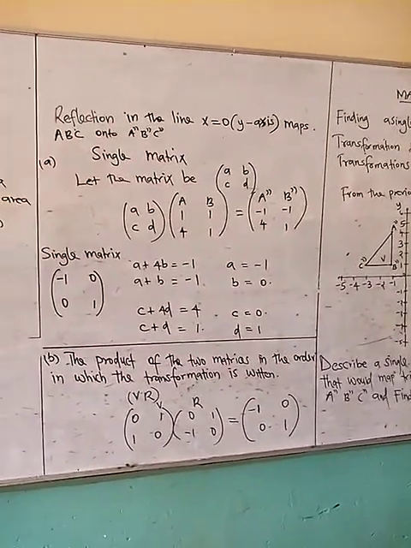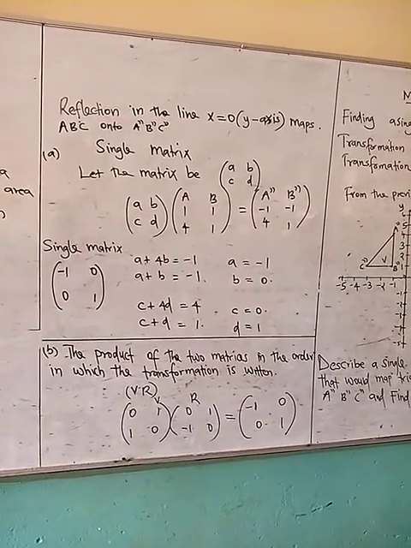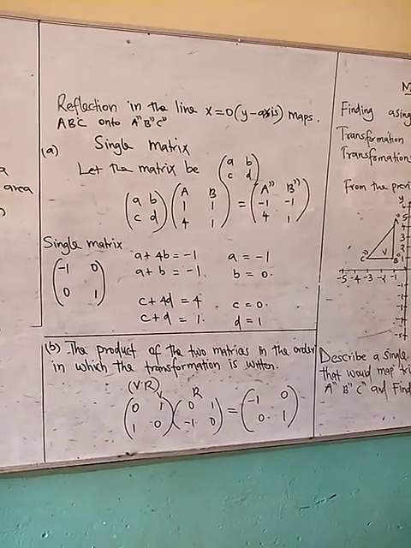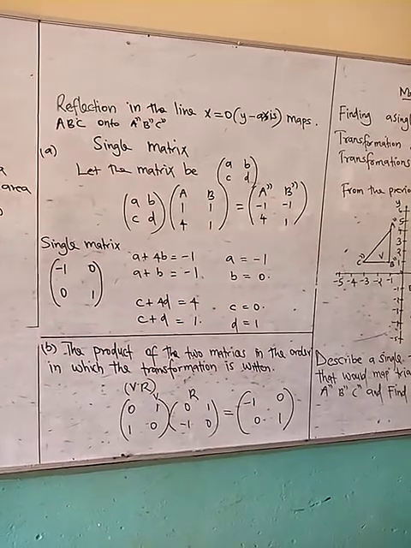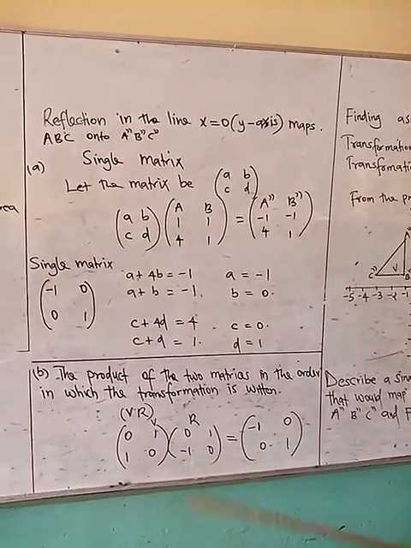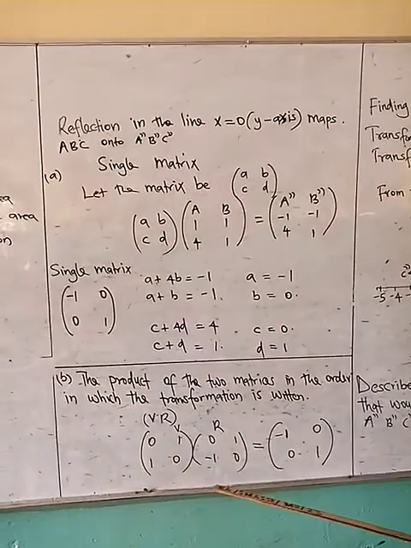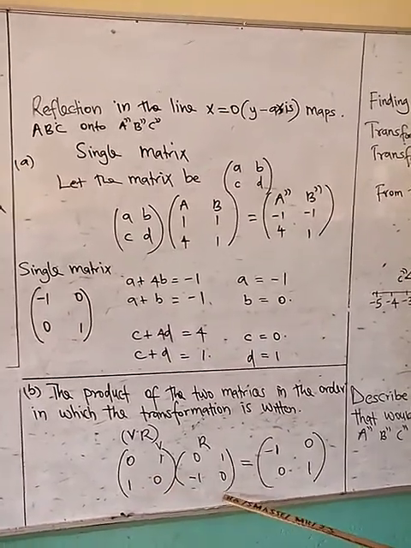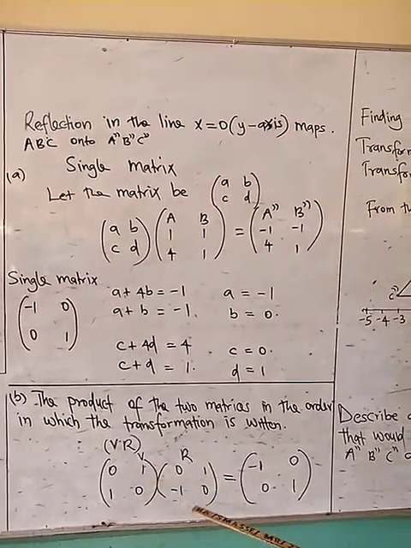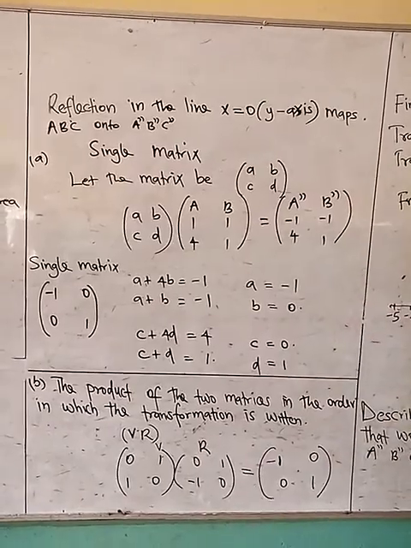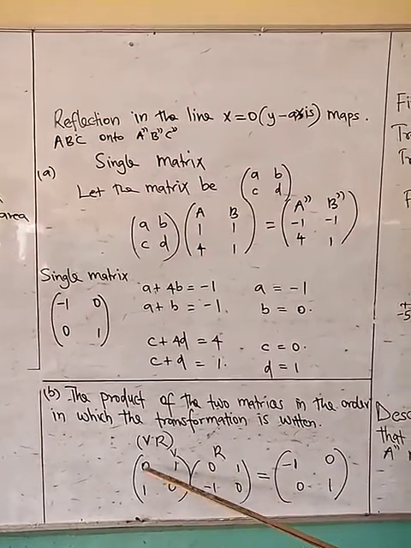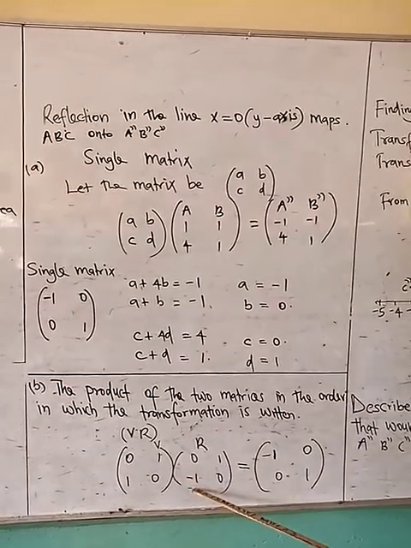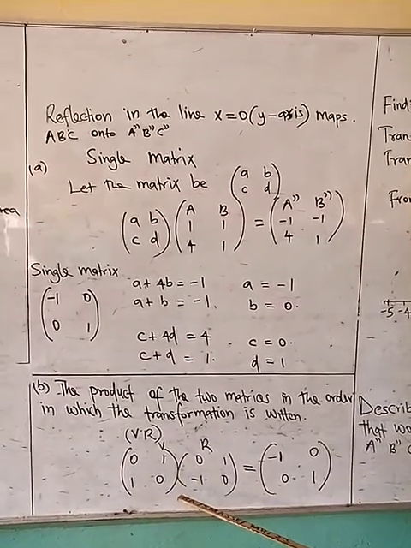Remember, we wanted the single matrix that would map A, B, C onto A double prime, B double prime, C double prime. The two matrices are here. When we multiply these two matrices, we end up with a single matrix of transformation. 0 times 0 is 0, 0 plus 1 times -1 is -1.